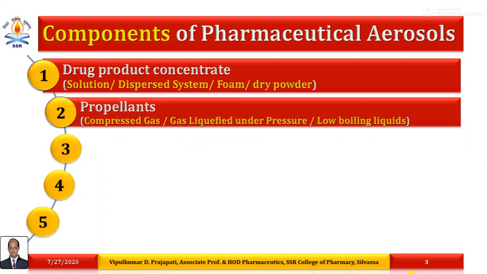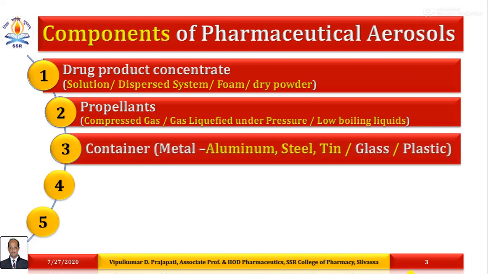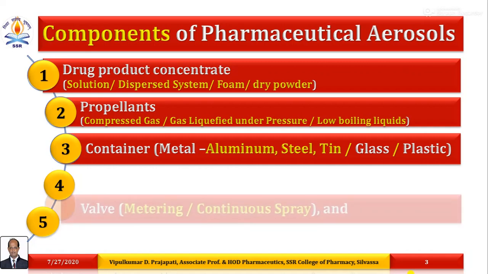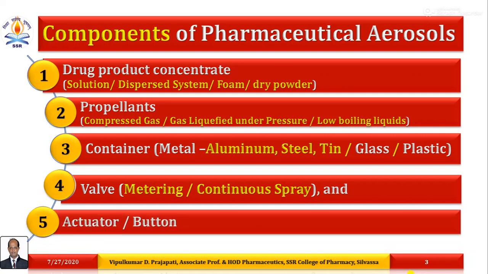It may be compressed gas, gas liquefied under pressure or low boiling liquids. Third component, container. It is made up of either metal or glass or plastic. Fourth component is known as valve. It may be metering valve or continuous spray valve. And the fifth component is known as actuator or button.